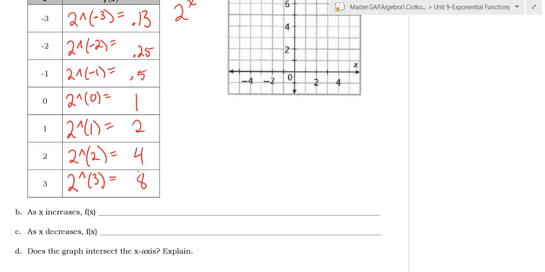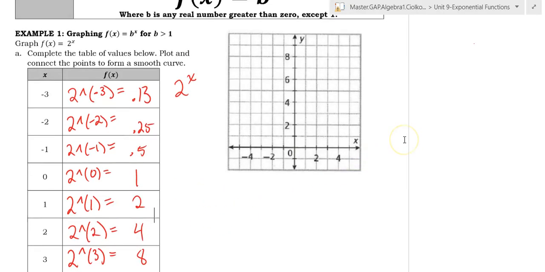And you could check the rest of those as well. So as far as graphing this goes, well, at negative 3, I'm at something really, really small. So I'm somewhere down here. Negative 2, a little higher. Negative 1, kind of halfway. At 0, I'm at 1. At 1, I'm at 2. At 2, I'm at 4. And at 3, I'm all the way up at 8. So what our graph would look like here is something like this.